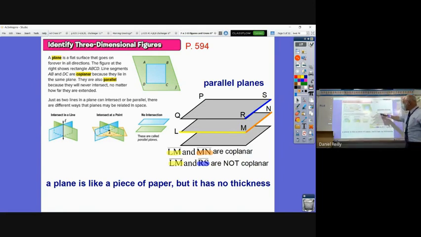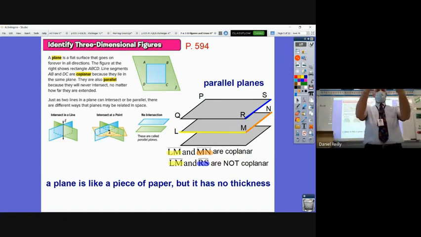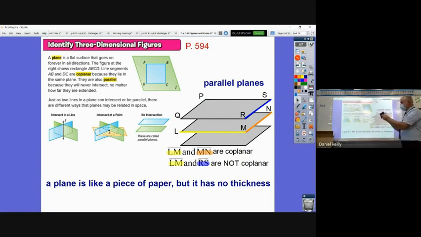So planes, P-L-A-N-E, planes can be parallel, right? So they never intersect. Like these two planes are parallel, right? So the points never intersect. Or they can intersect at a line, right?